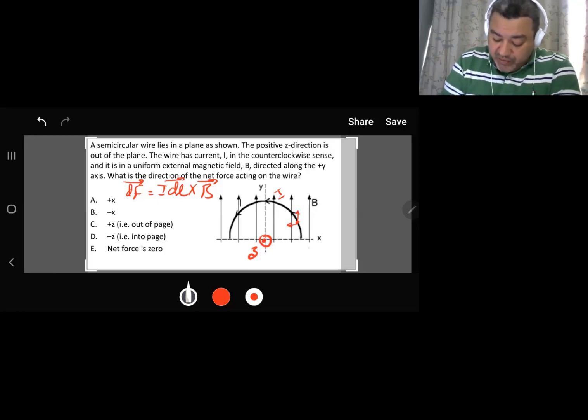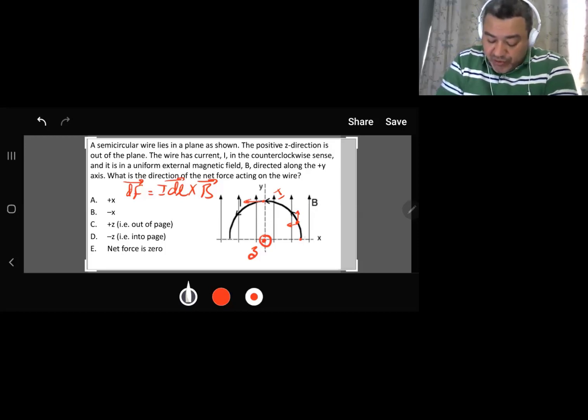I start from here with a pure vertical right at this point, and then a second component will start to show up till I reach this point where I have a pure horizontal.